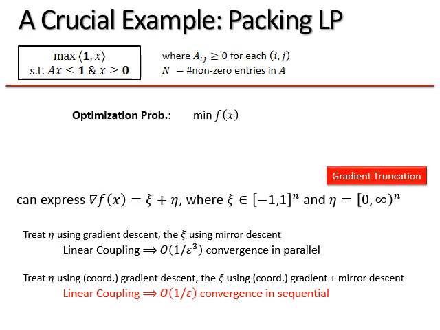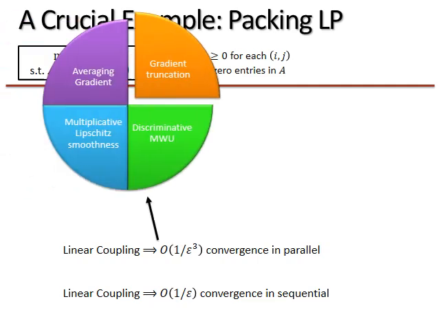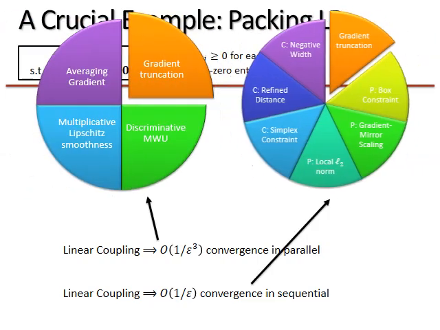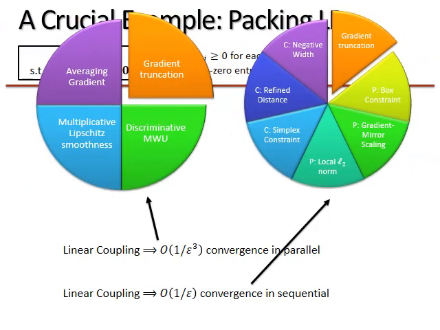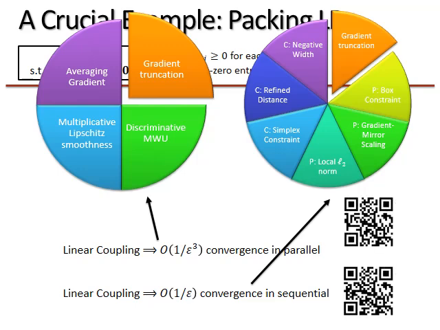Of course, on this slide, I'm only waving my hand, and in practice we use a lot more techniques in addition to linear coupling. But linear coupling is really at the center of these two separate results.